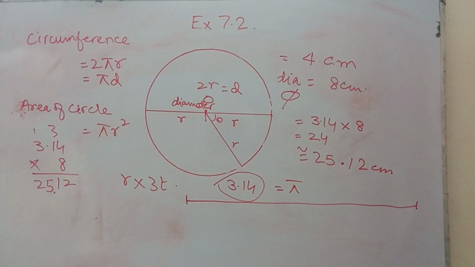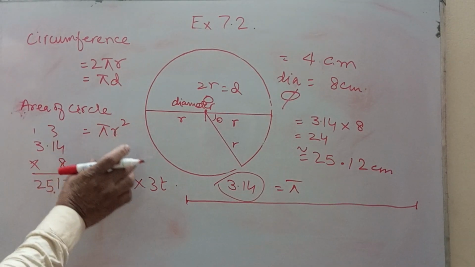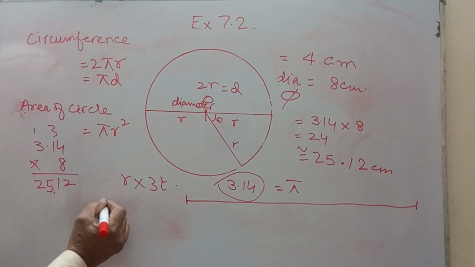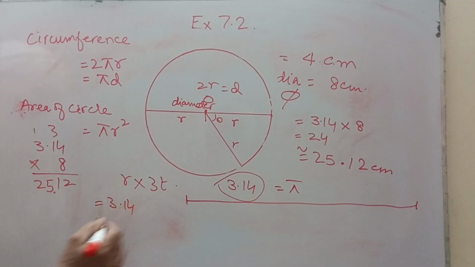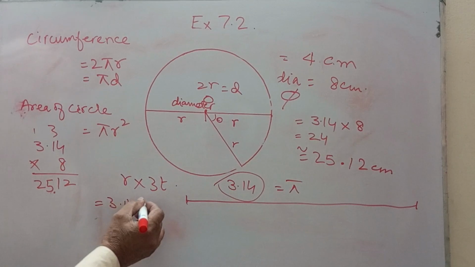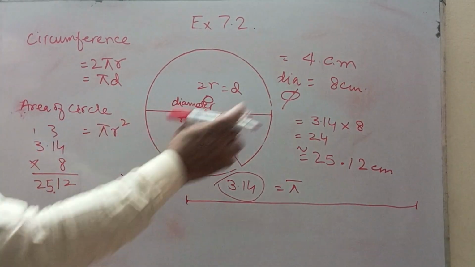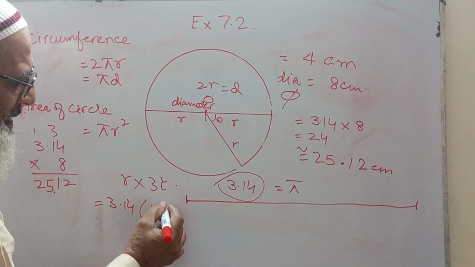Now, what about the area? If I want to find the area for the same radius, what I have to do is multiply the same figure 3.14 by the square of the radius, which will be 16.